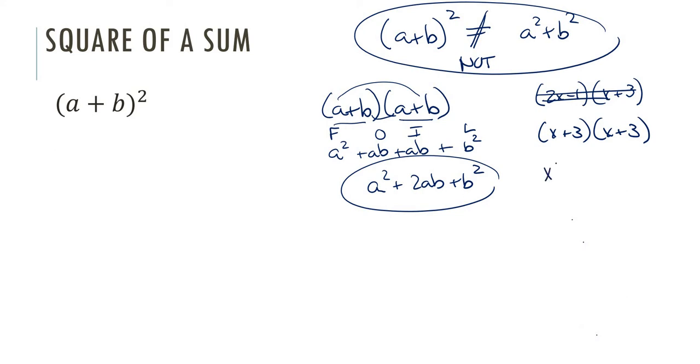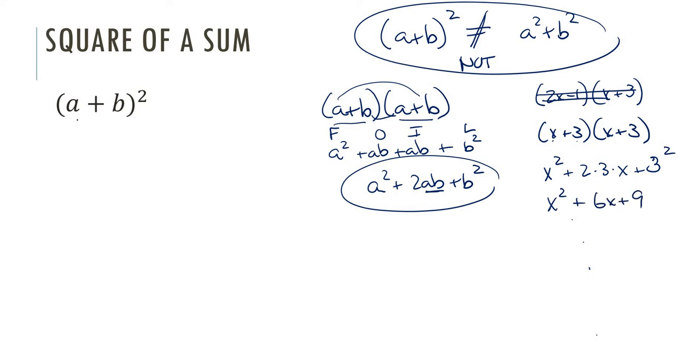So in this case it would be x squared. Take the two terms that are side by side, ab, and multiply them together, and then multiply them by 2. And then the last term is the last thing squared. So in this case it'll be x squared plus 6x plus 9.